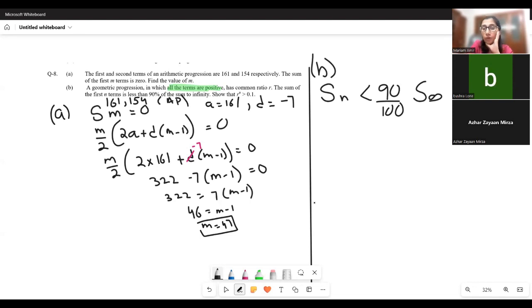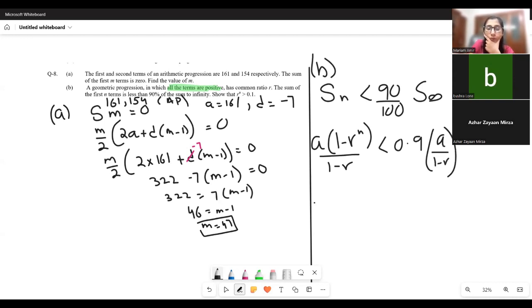So we have to write the formula for sum to infinity and sum of n terms. So it's going to be the sum of n terms is a times 1 minus r power n upon 1 minus r, less than, let's make this 0.9, and sum to infinity is a over 1 minus r. So 1 minus r cancels on both sides and also a cancels on both sides.